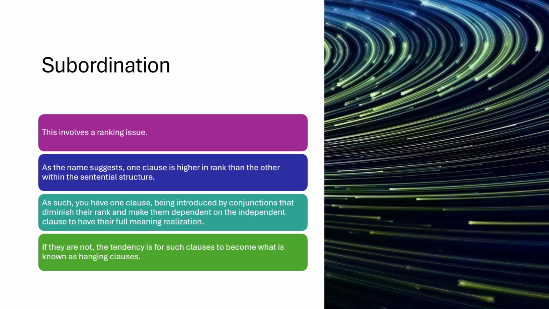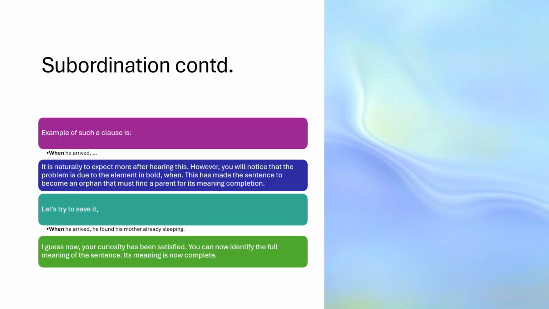If they are not integrated with another structure, what you have is them becoming hanging sentences. So when you have a hanging sentence, it is because you have a subordinator which did not connect to a main clause in its full realization.